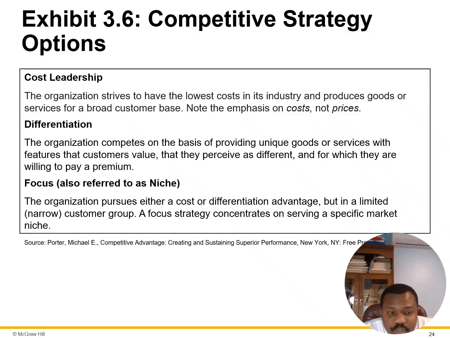We look at focus, and with focus, we say that the organization pursues either a cost or differentiation advantage, but in a limited, narrow customer group.